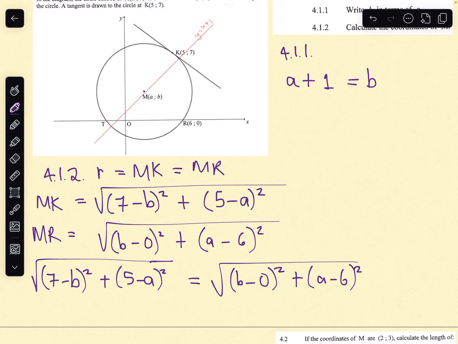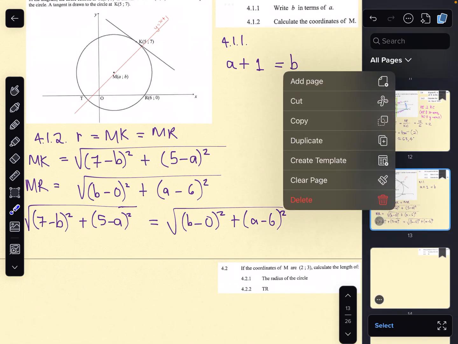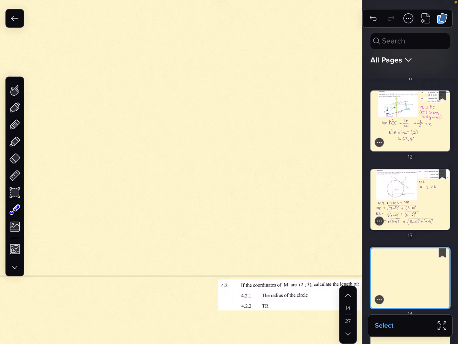So we have an equation, but we have 2 unknowns, and I guess this is where this clue is important, because that becomes our second piece of information to help us find these 2 unknowns. So we can replace b with a plus 1, because we know that that is the relationship between a and b. So let's just quickly add another page for our workings.